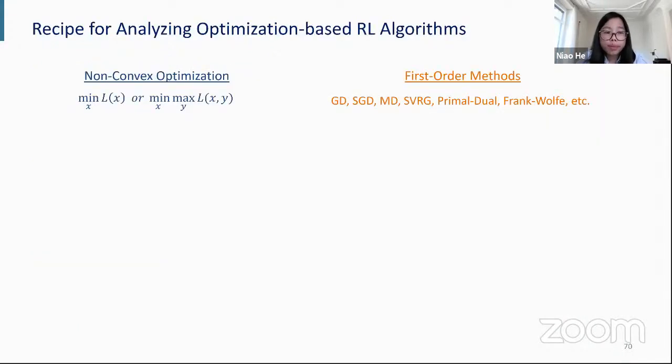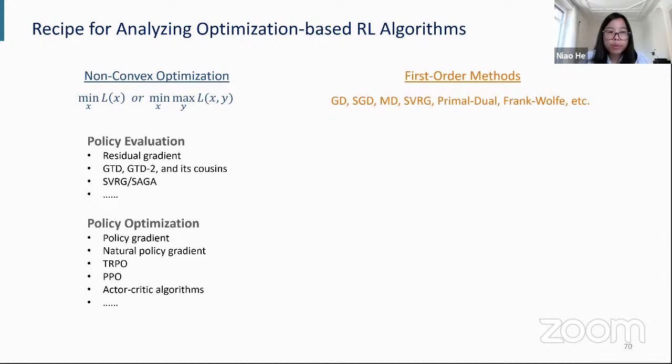Unlike before, there is also a common recipe here to derive or analyze optimization-based reinforcement learning algorithms. Oftentimes, we just treat this as an optimization problem. Either you are minimizing some loss function, or you are solving a min-max, two-player zero-sum game problem, where you minimize over X and maximize over Y. Then you can deploy many of the existing first-order methods like gradient descent, stochastic gradient descent, mirror descent, variance-reduced gradient methods, primal-dual methods, and Frank-Wolfe algorithms, all kinds of first-order algorithms.